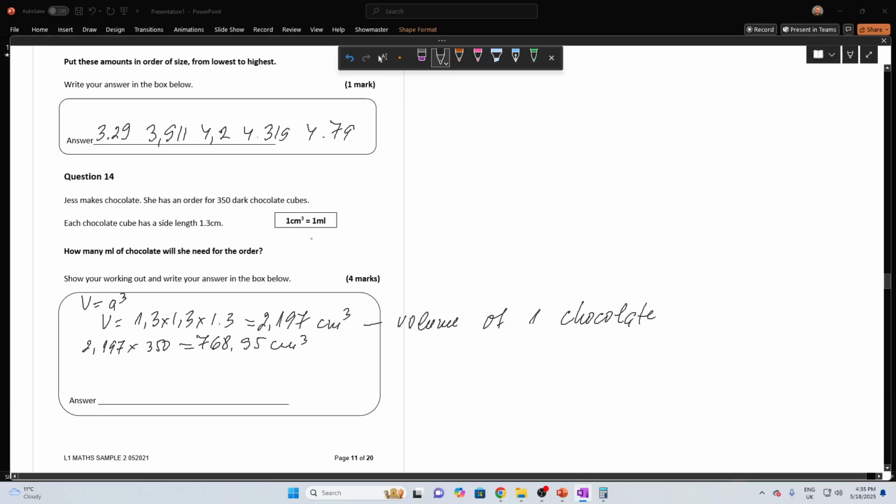But if you remember, we need to give our answer in milliliters, but they told us 1 centimeter cube is 1 milliliter, so basically you copy your number 768.95, but you write milliliters.